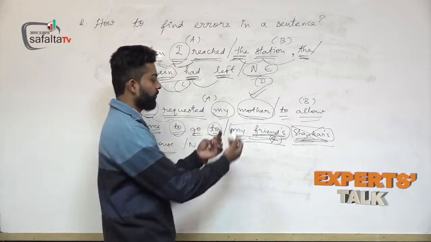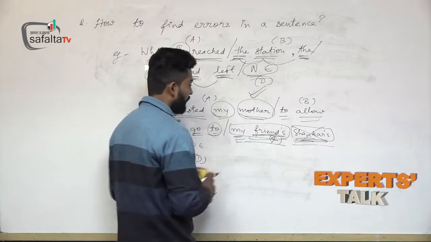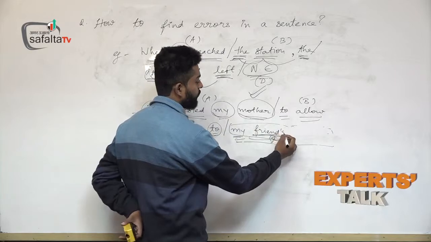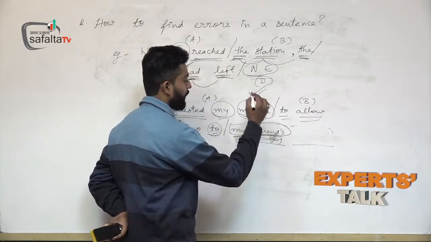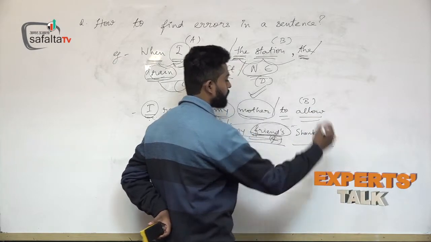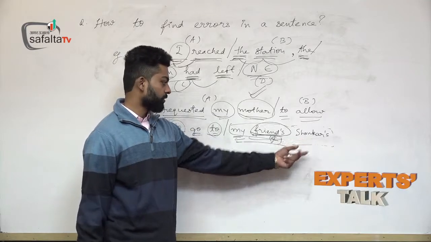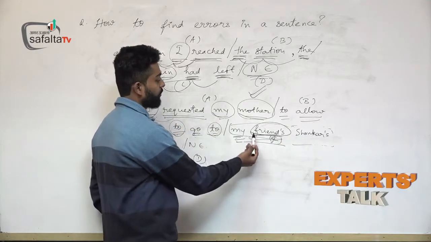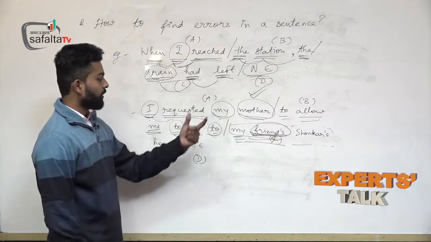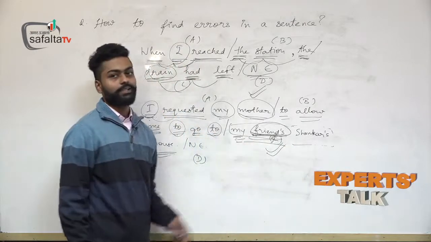But if there is friend and also the name of the friend, that is Shankar, then it is useless to use apostrophe s with friend. This word contains an error if the name of the friend is also mentioned. So since the name of the friend, Shankar's, is mentioned here, using apostrophe s with friend is wrong. You will easily tick this option as containing the error.